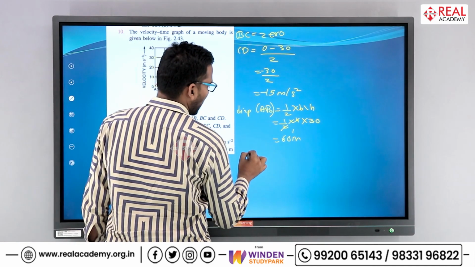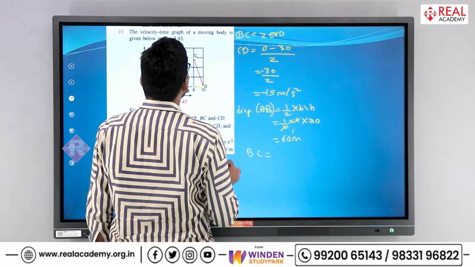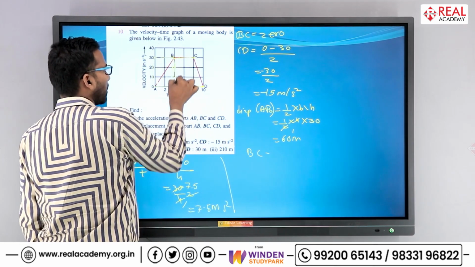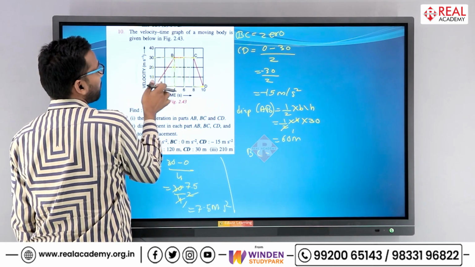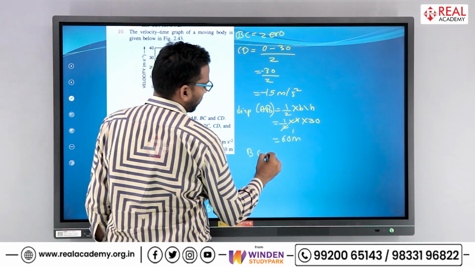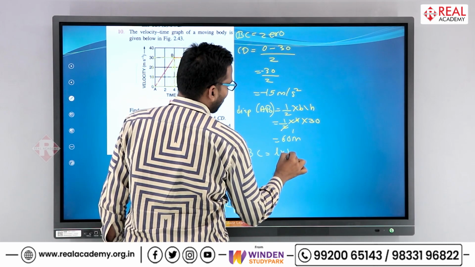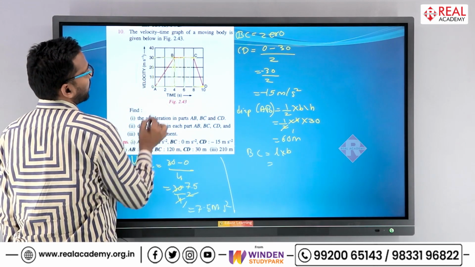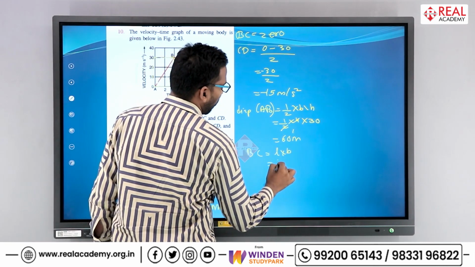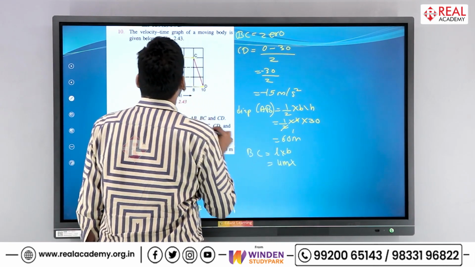Likewise for BC, displacement for BC, we need to take this region. It is in the form of a rectangle. So length into breadth. What is the value of length? Length is 4 to 8, that is 4. And what is breadth?